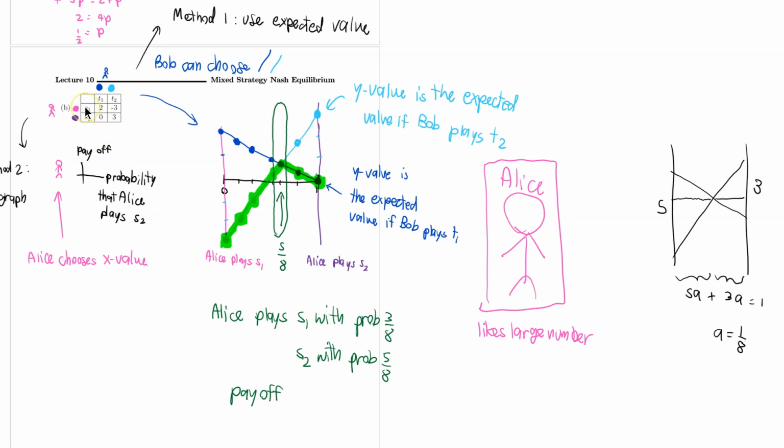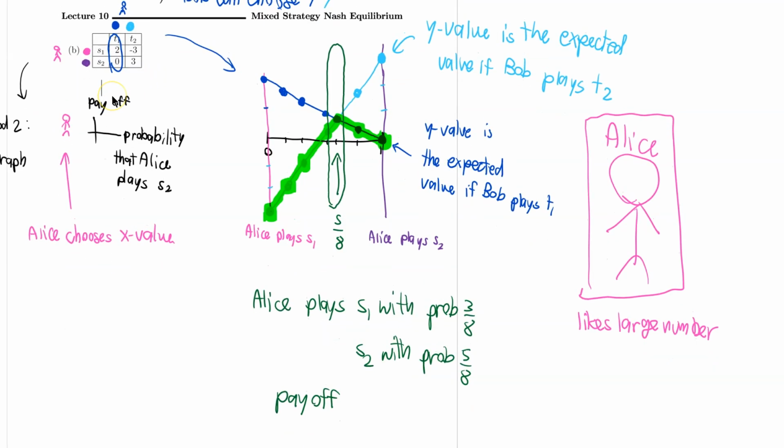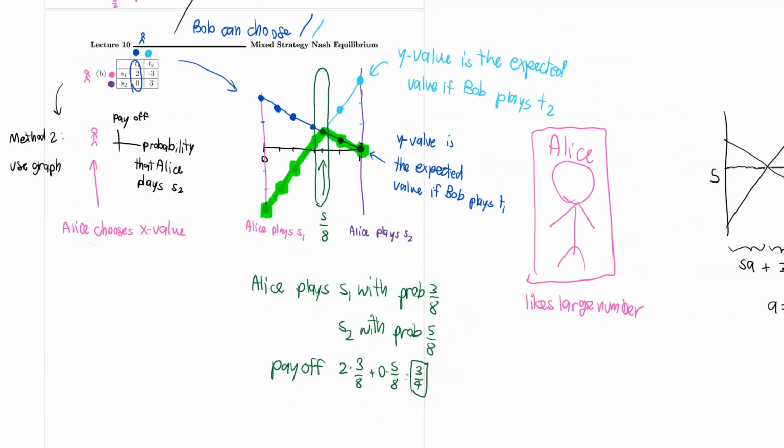Now, if Alice plays S1 with 3/8 and S2 with 5/8, I can use the expected value from either of the two columns here. Let's use the first column. So if Alice plays the top row with probability 3/8 and the bottom row with probability 5/8, then the payoff is just going to be 2 times 3/8 plus 0 times 5/8, and that's going to be 3/4. So that's going to be the payoff of the game.